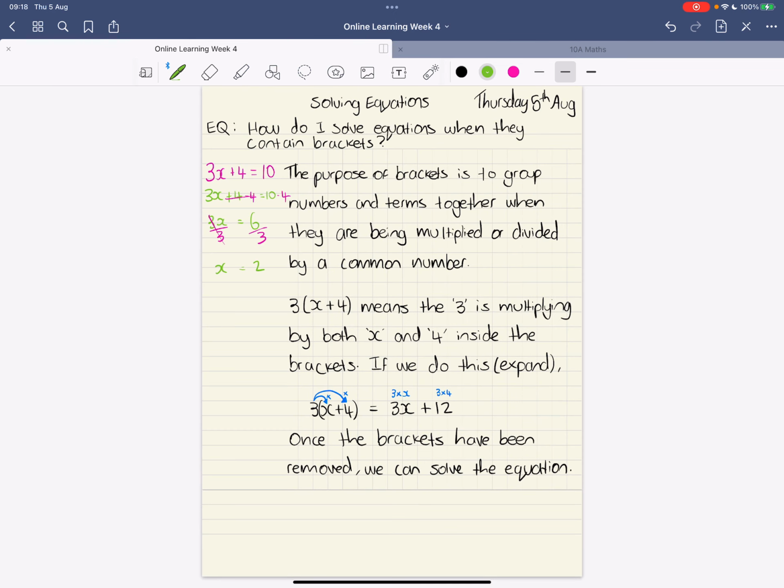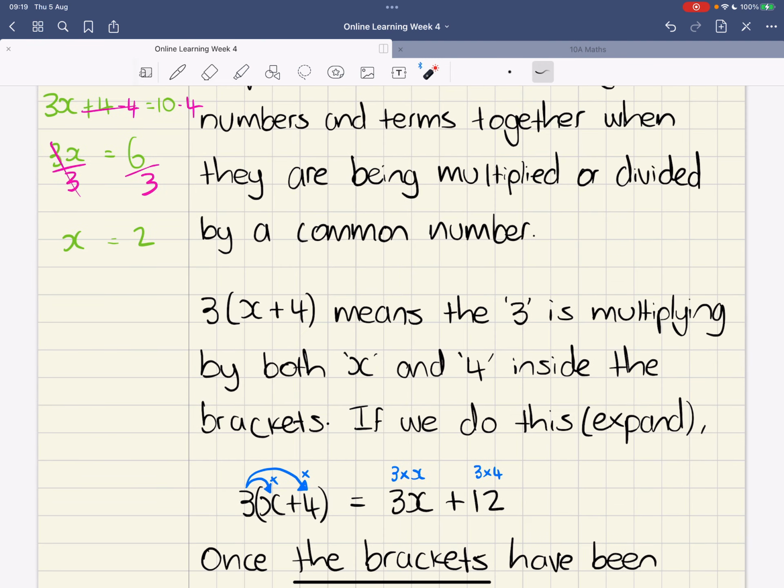Now today we're looking at different types of equations, ones that have brackets. The purpose of brackets is to group numbers and terms together inside those brackets, when they are being multiplied or divided by some common number. So this example right here, let me zoom in.